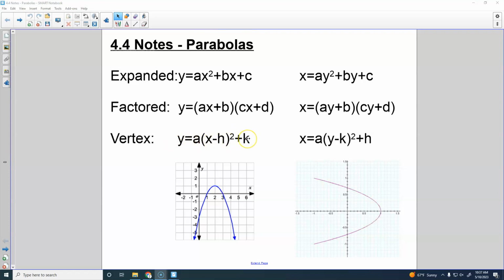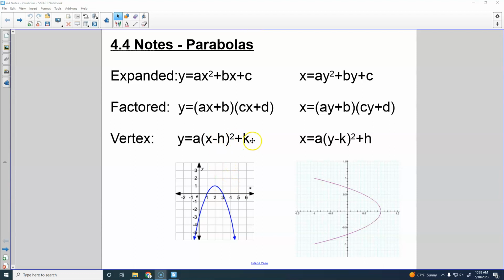Vertex form, we haven't done vertex form, but we have done a lot of stuff that helps us know what vertex form is, because what does this minus h do to the graph right here? Moves it to the right h, right? And then the plus k moves it up or down k, right? Up, in this case, if k is a positive number.